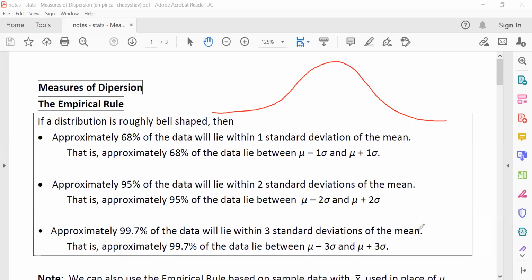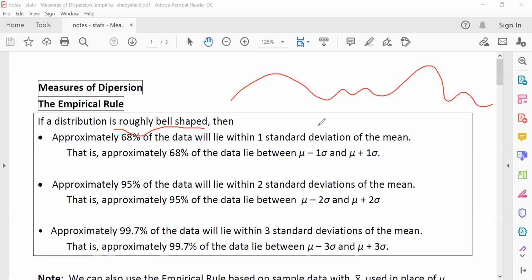So that creates some pretty interesting ideas, the empirical rule. Remember, you have to have a distribution that's mostly bell-shaped. If you have a distribution that looks funky or weird, like there's a clump of data values here and small clumps there, then it's just not going to work.